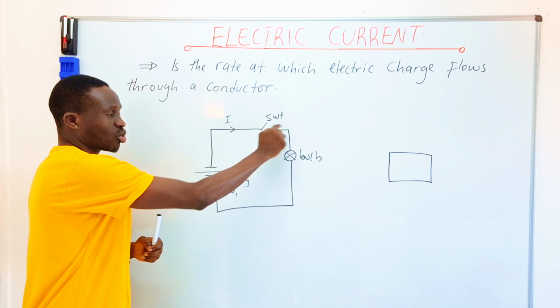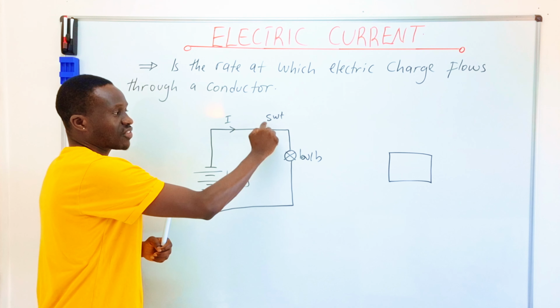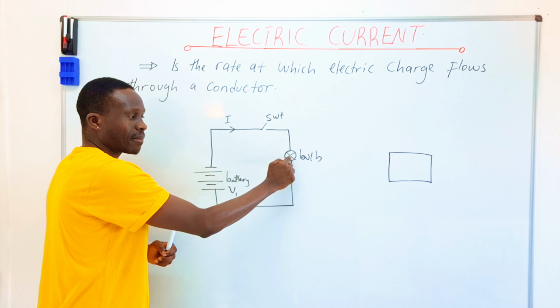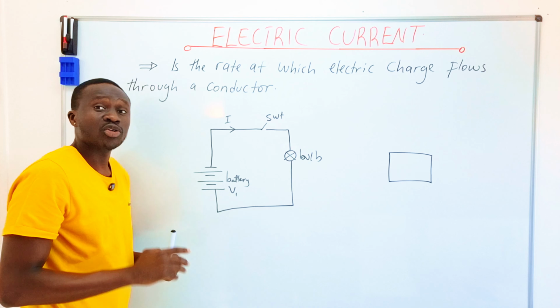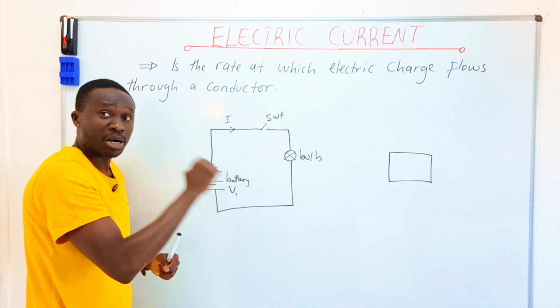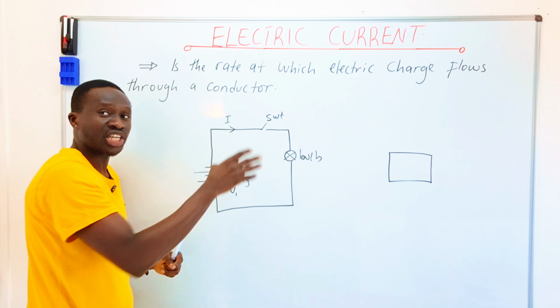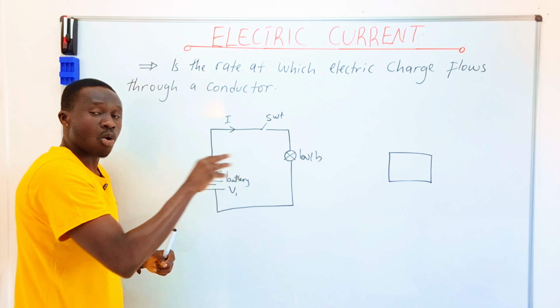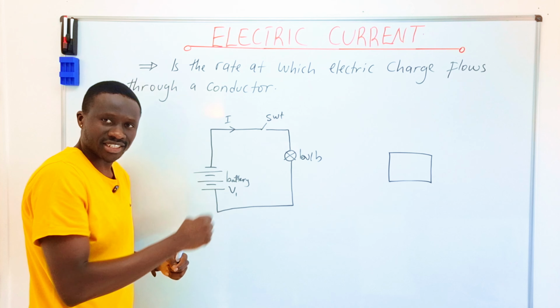This is a switch there to control. If it is on, electric charge will reach the bulb and be used by the bulb. A bulb will change this electrical energy into light energy or heat energy.